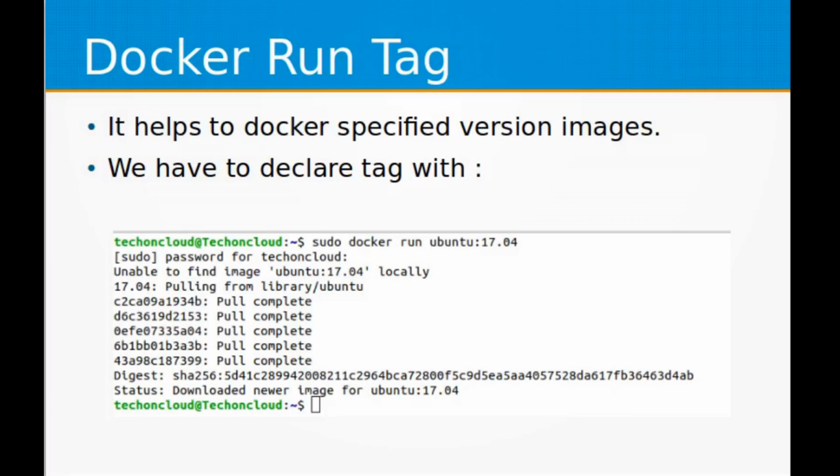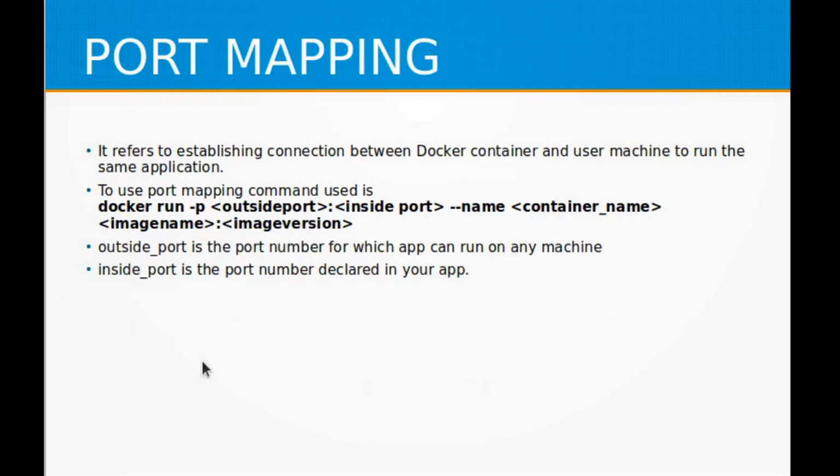Now let's move to the second most important part of Docker Fundamentals Day 5, that is port mapping. So what is port mapping? Port mapping refers to establishing a connection between a Docker container and a user machine to run the same application.